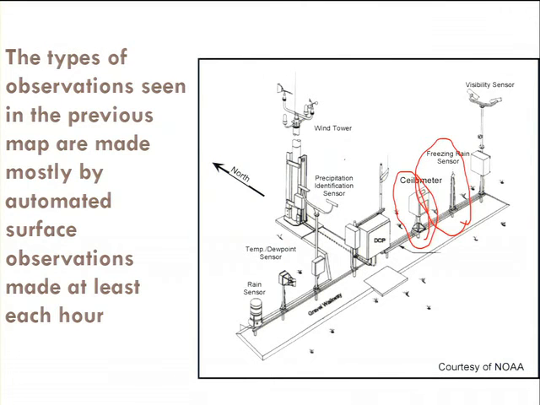There's rain sensors. There's also rain gauges, so there's going to be a tipping bucket, usually somewhere, where they actually measure how much rain is falling. There's a visibility sensor, so that's measuring how far you can see. And so these are all things that are recorded.